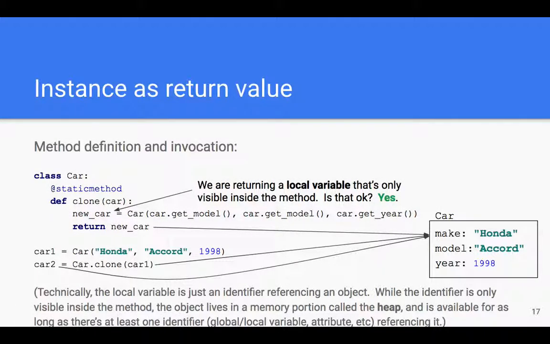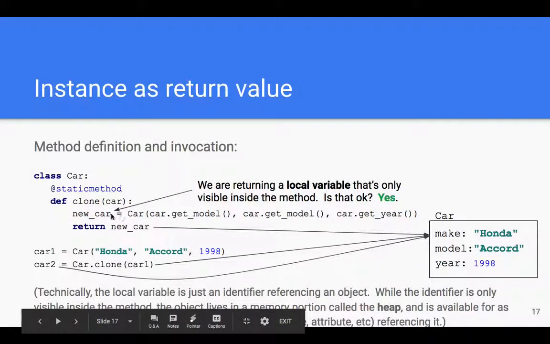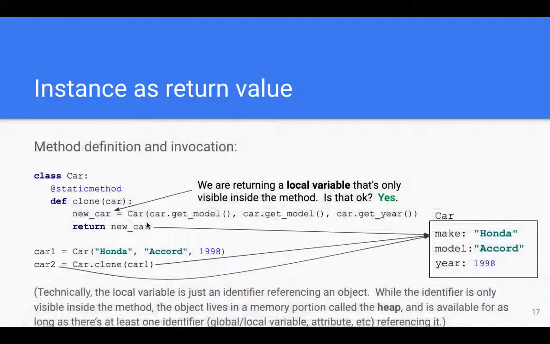So we ended up doing the right thing: car2 is pointing to the instance of car that was created inside the clone method. So this really works, despite what we said about the local variable.